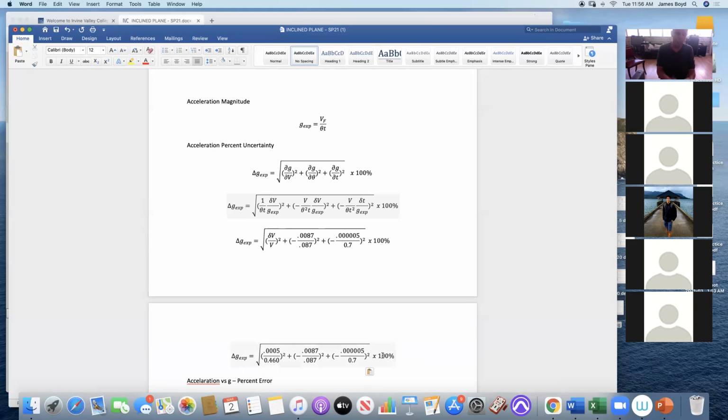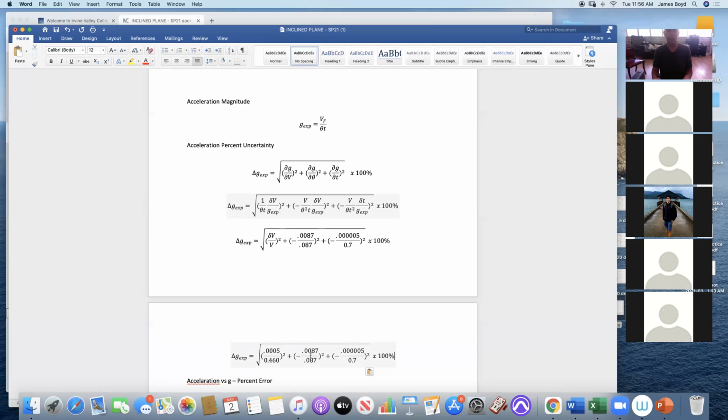And this one ends up being 0.00005 divided by 0.7, and then square that, and I get 5.1 times 10 to the minus 11. Now, this term is times 10 to the minus 6. This term is times 10 to the minus 11.